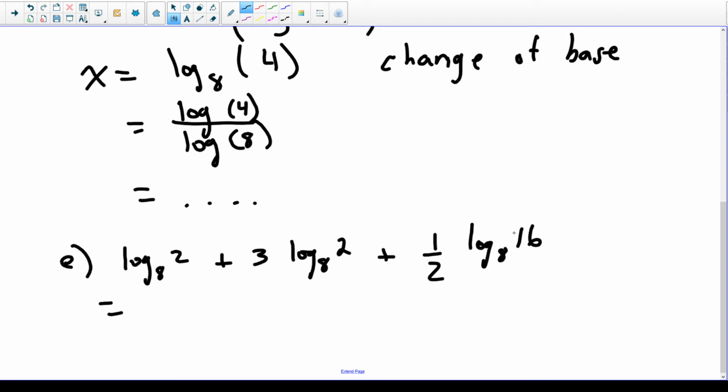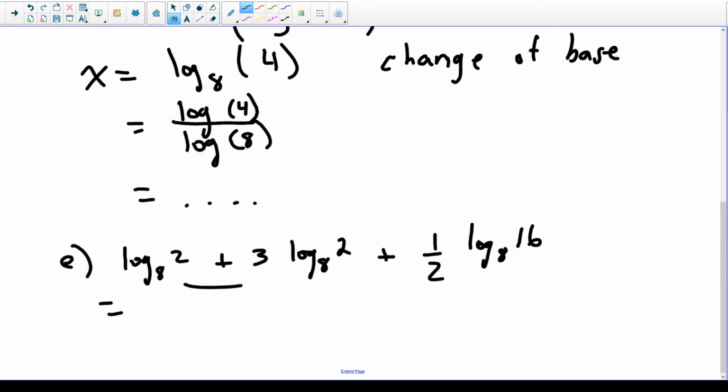Okay, so we want to combine all of these together. The problem is, with this one specifically, it's log base 8, 16, and I'm trying to join it with a log base 8, 2, and I can't do that. And the 3 and the 1/2 in front of these two logarithms are getting in the way as well.